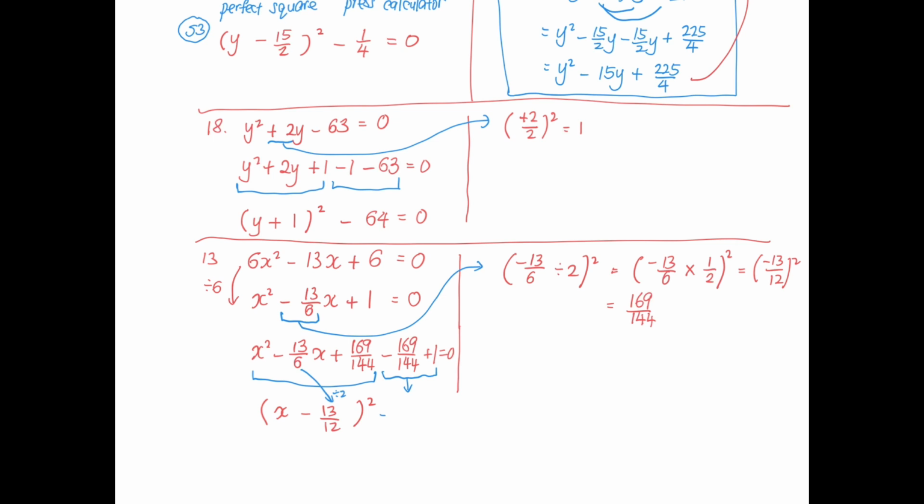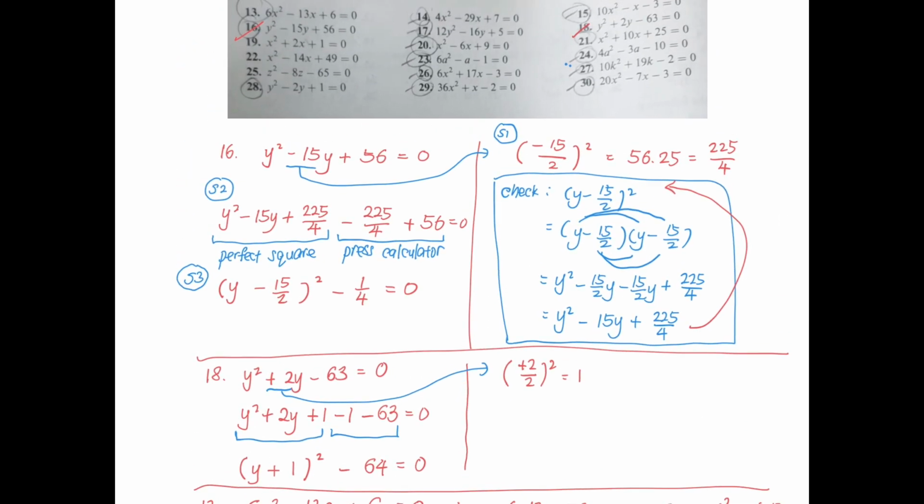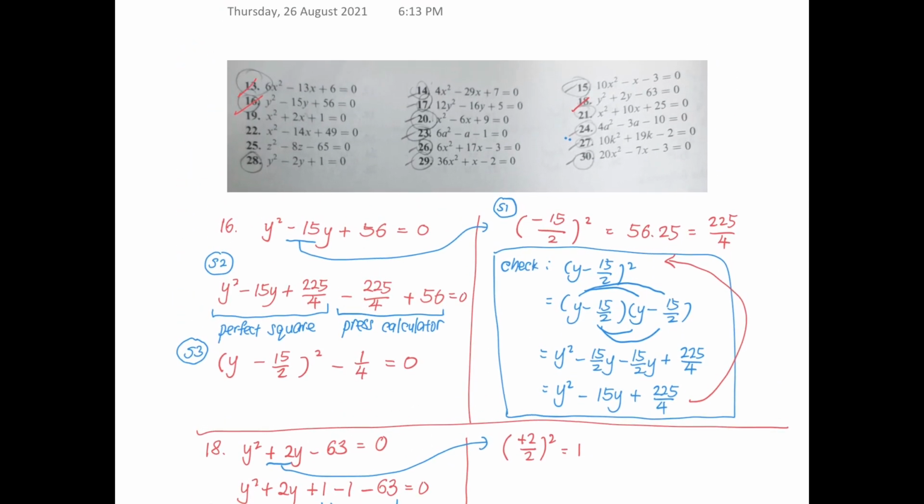So you will get minus 25 over 144 equal to 0. So we have done completing the square. Okay, question 13, this question is done. Now let's see question 14.